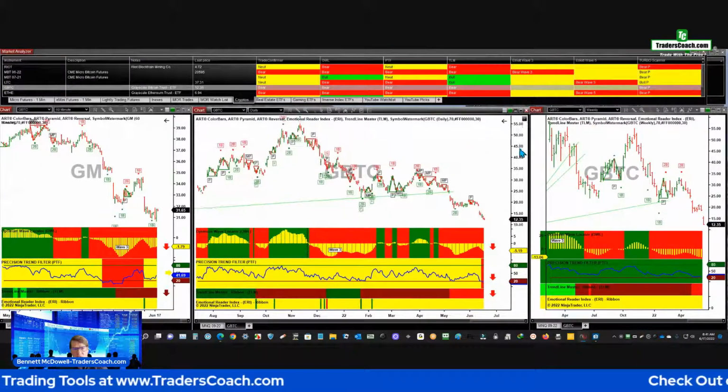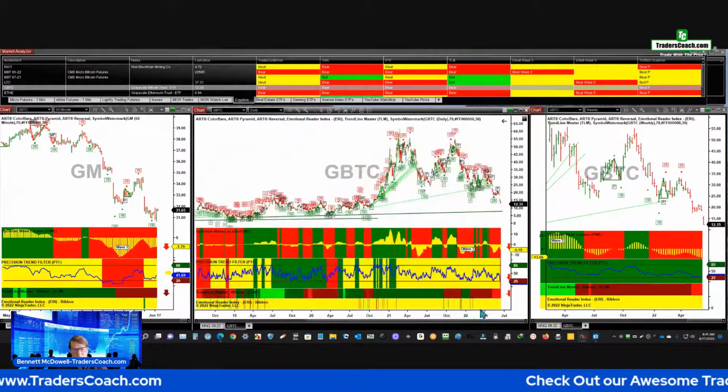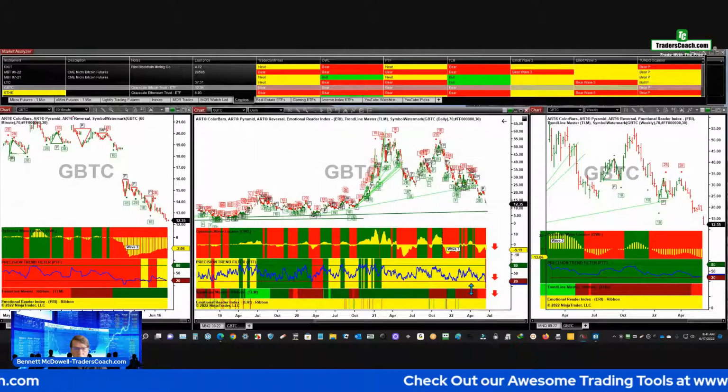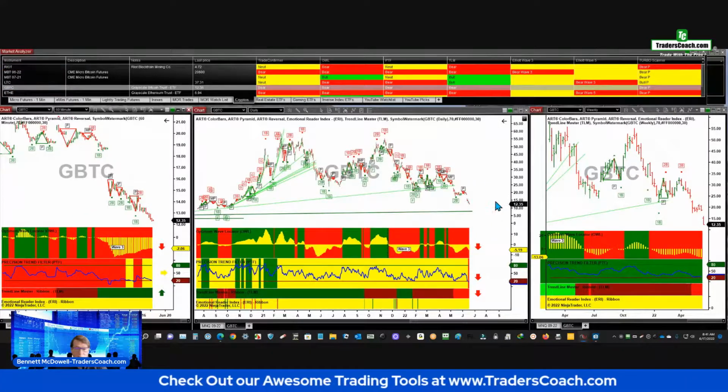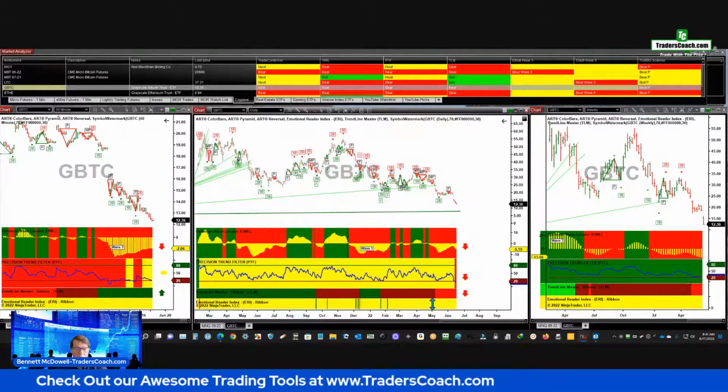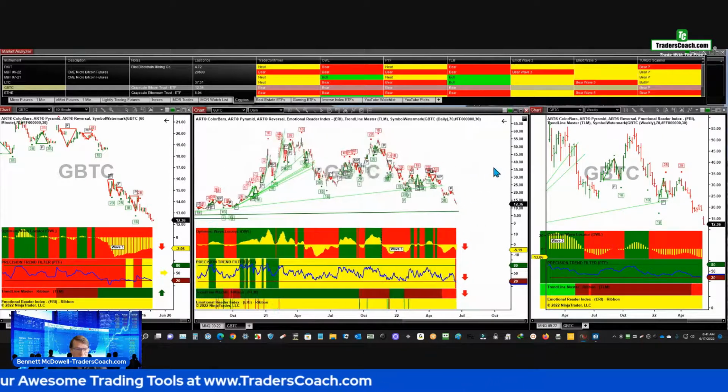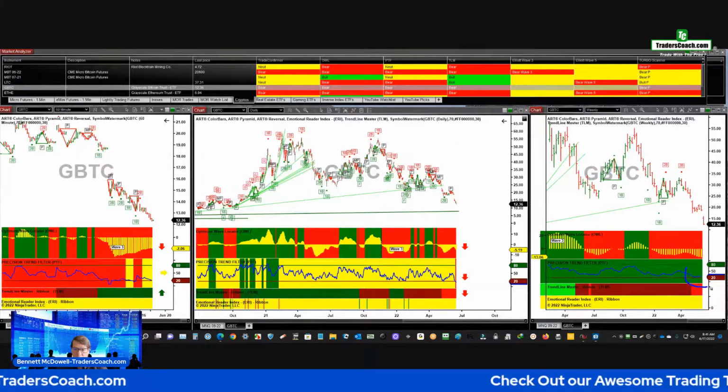This is the ETF for GBTC, and it's moving down. And boy, I'll tell you, you've got a red PTF now on the daily, so you don't want to touch this to the long side yet. It'll be interesting to see if this holds over here and stays green.